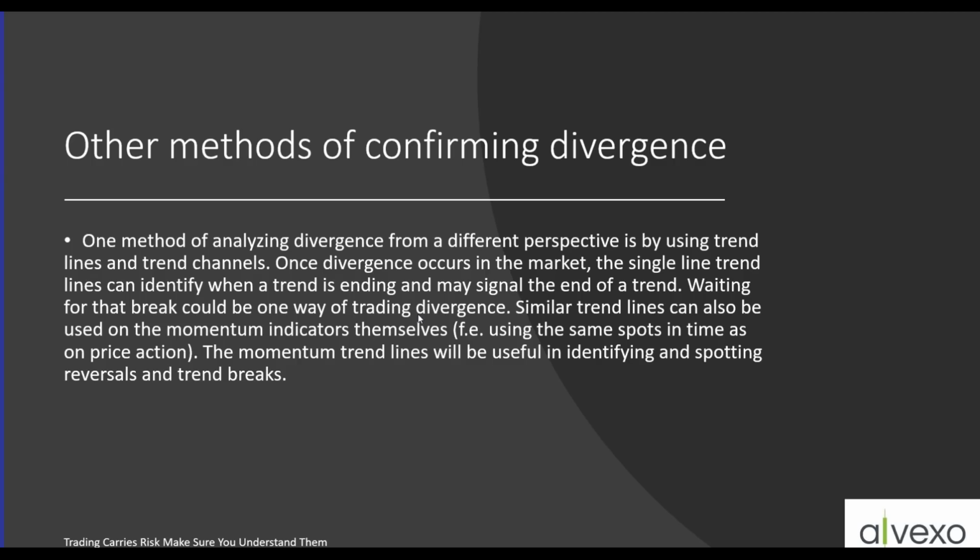Waiting for the break could be one way of trading divergence. Similar trend lines can also be used on the momentum indicators themselves, using the same spots in time and price action. The momentum trend lines will be useful in identifying and spotting reversals and trend breaks.